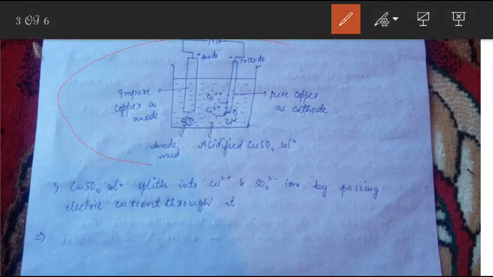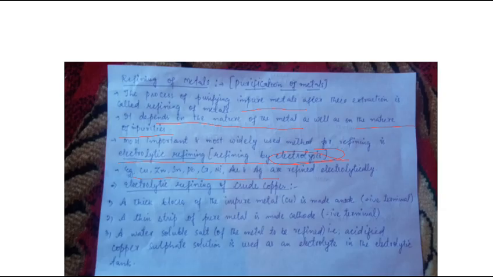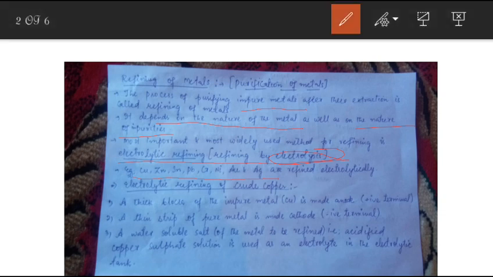It is an electrolytic tank. We need two electrodes, the positive electrode called the anode and the negative electrode called the cathode, connected to a battery. For instance, in order to refine copper electrolytically, we proceed as follows.